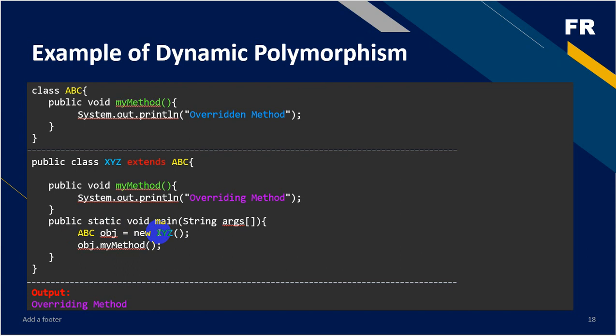Through new XYZ, when we use new with the class, the constructor is being called, and it will create a new object. Object of what type? XYZ, right? So that object is basically being created for a child class. So we have created a child class object, and now comes the assignment operator. We are assigning the child object to the object of parent.